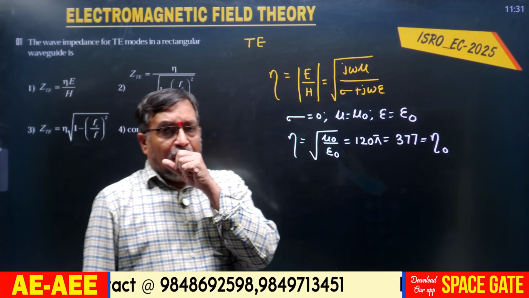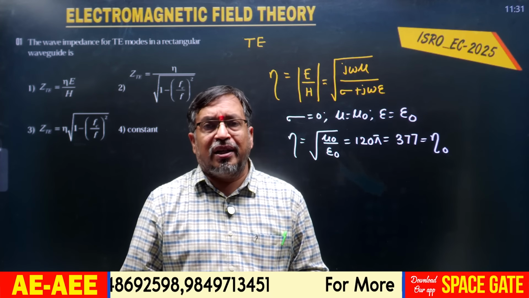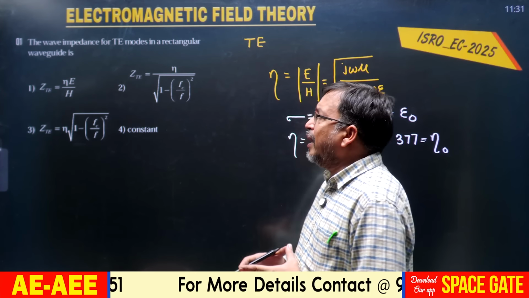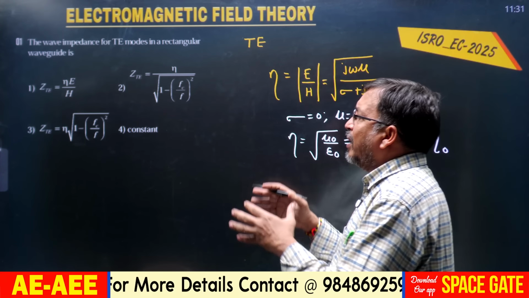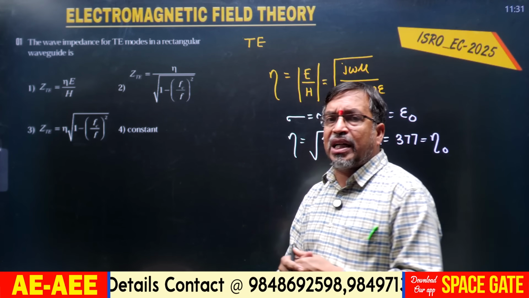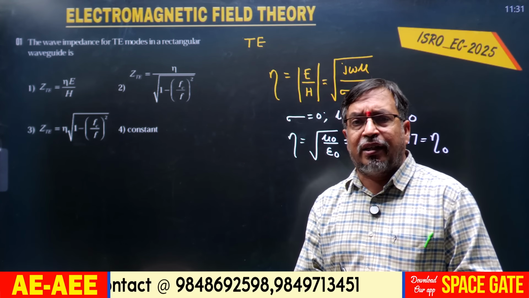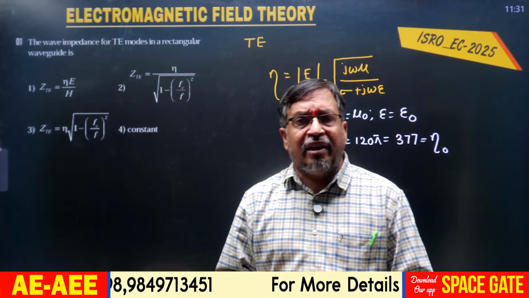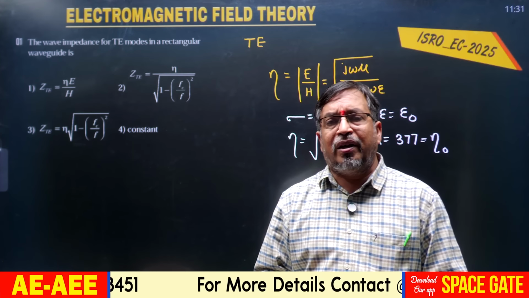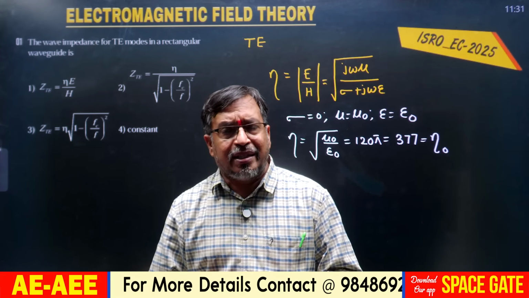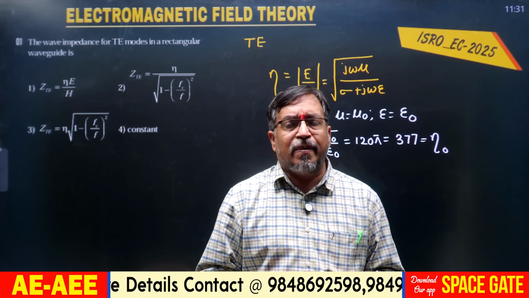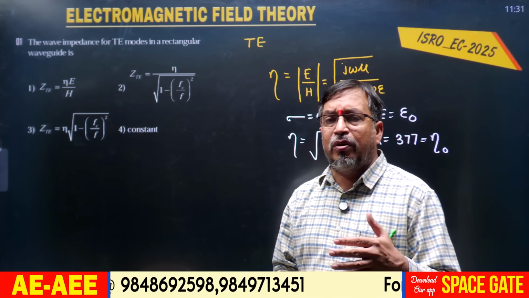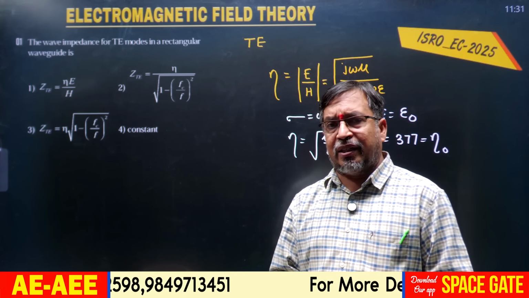Now the question is related to TE as well as TM mode. This is the only characteristic that is different in transverse electric mode and transverse magnetic mode, because in transverse electric mode the electric field components are perpendicular to the direction of wave propagation, whereas in transverse magnetic mode the magnetic field components are perpendicular to the direction of wave propagation.